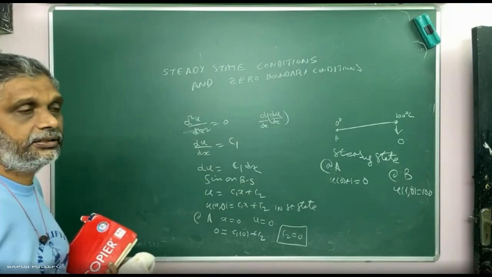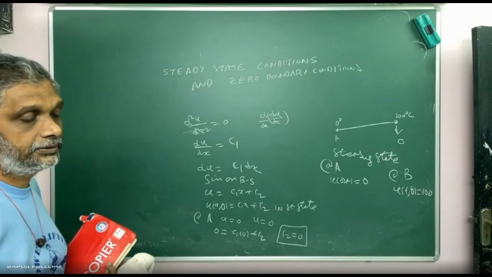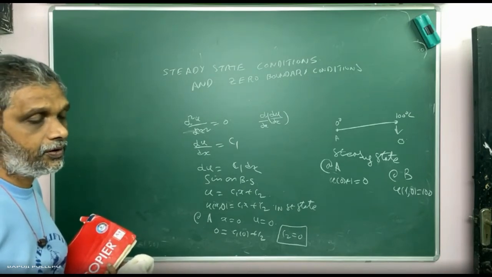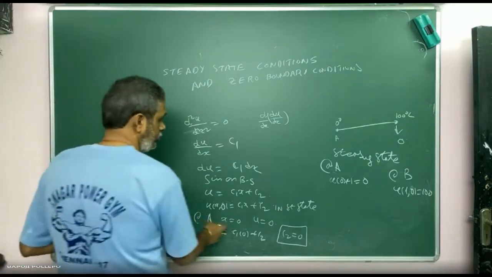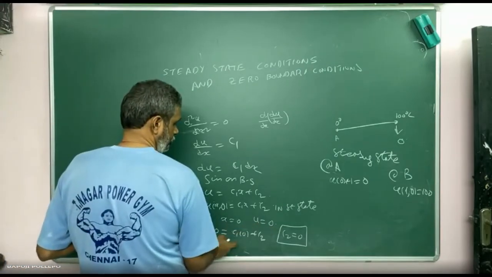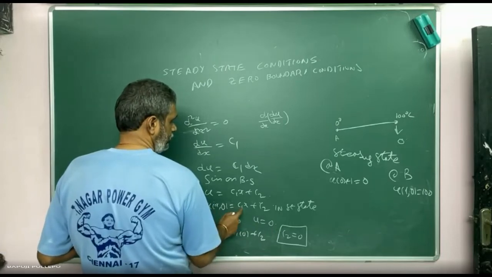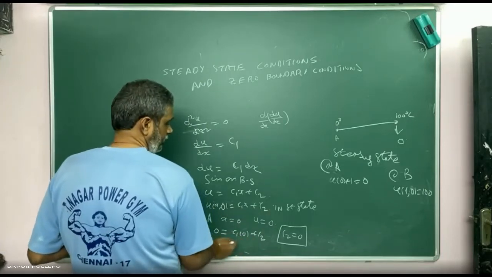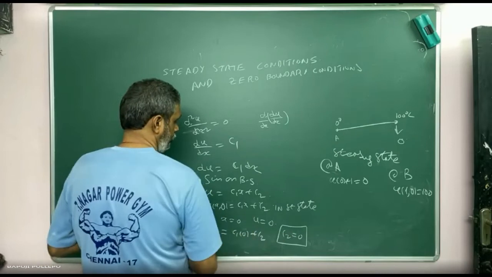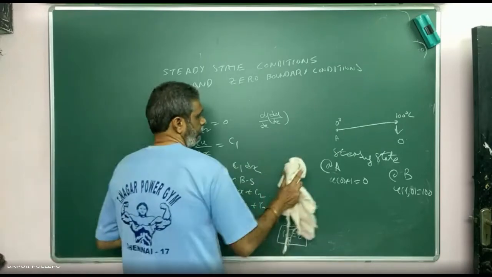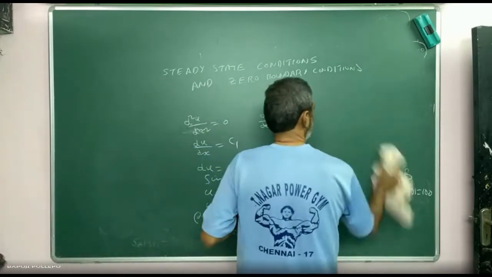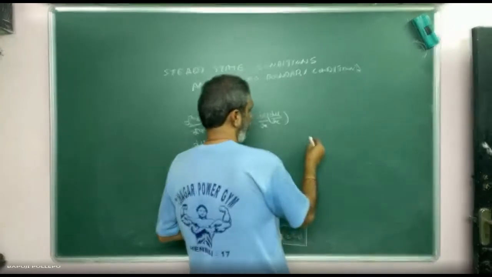Clear or not? So at x is equal to 0, u is equal to 0. So 0 is equal to C1 into 0 plus C2, and C2 is equal to 0. Now my u becomes C1x.